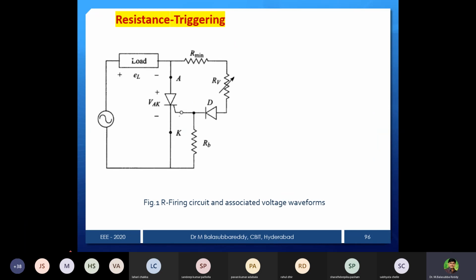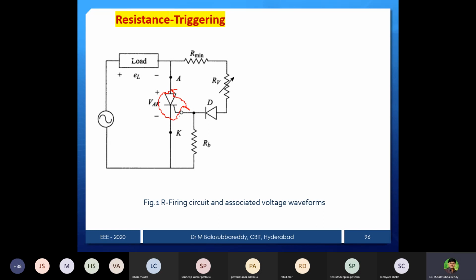Now you can see this is the triggering circuit. R triggering means resistance triggering, and RC triggering means resistance and capacitance triggering. That's the reason we simply mention R and RC triggering. So a resistance triggering circuit will be like this. Our intention is to fire this device, that's all.